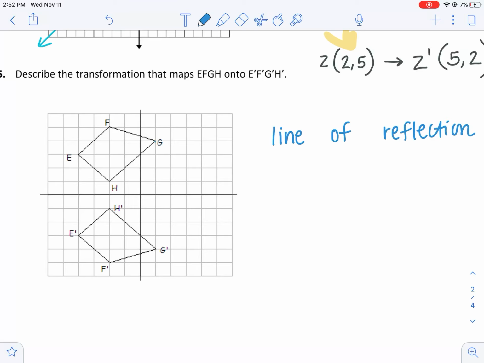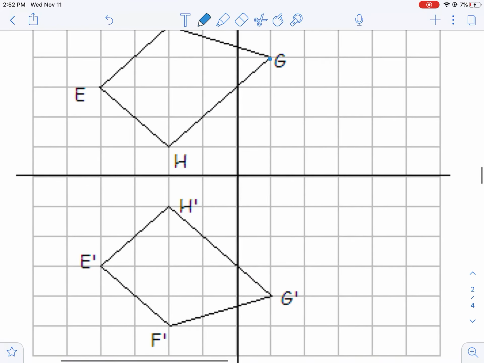If I am looking at H and G and E and F and they're being reflected to their primes, I'm going to look for that even distribution, the line in which H would be equally as far away from it as H prime would be. I see that there are 2 spaces in between H and H prime. I'm going to cut 2 in half, and say that 1 space is how far away they are from the line of reflection.